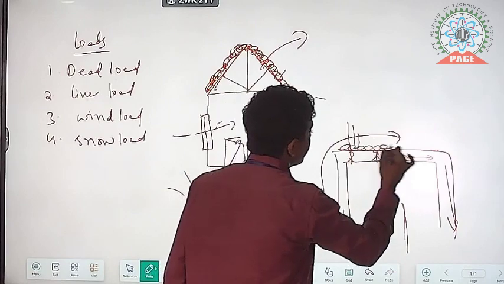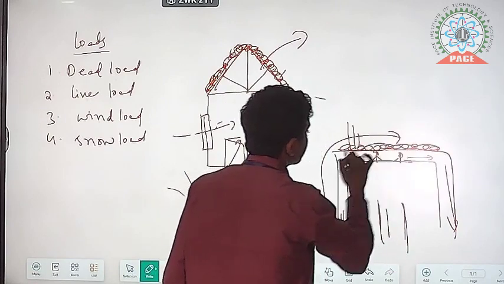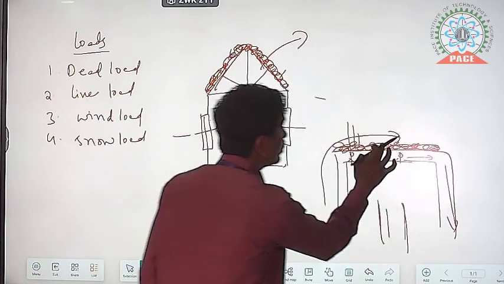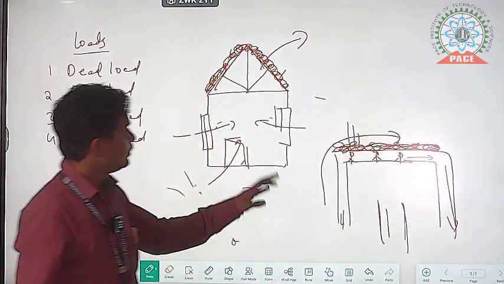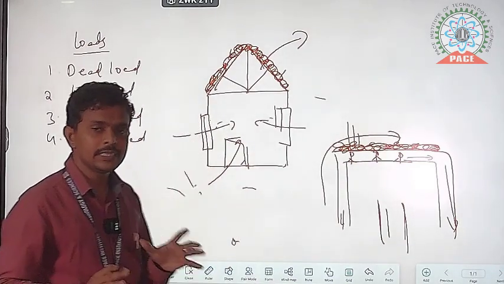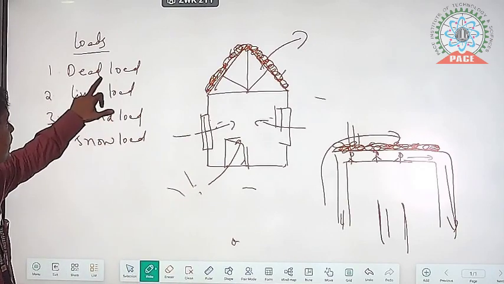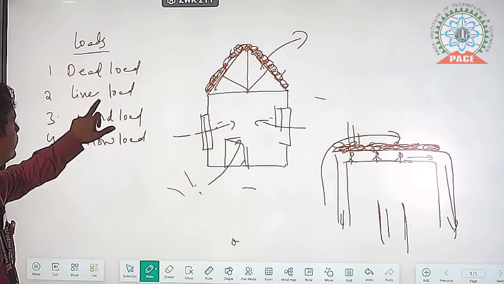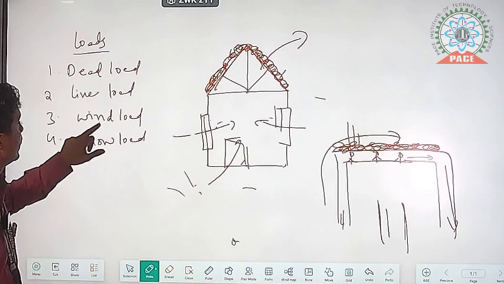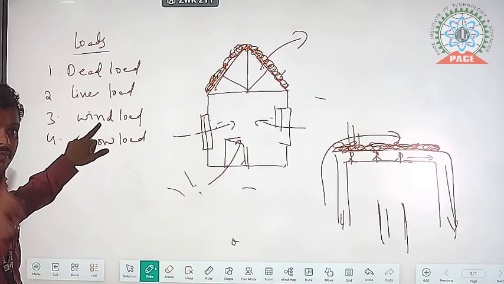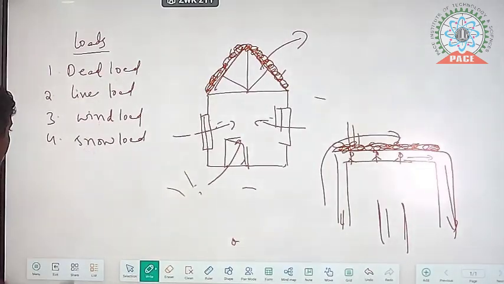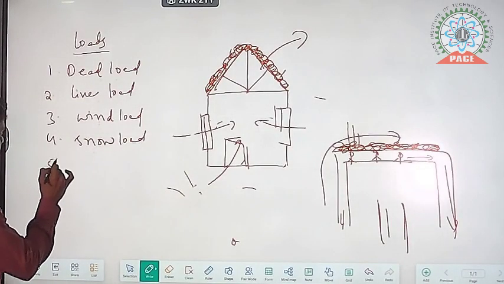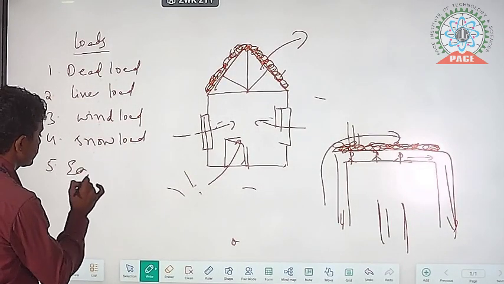While we design a steel structure, we have to consider the dead load, the live load, and then the wind load. If necessary, we have to consider the snow loads. And the last one is the earthquake load. This also we have to consider.